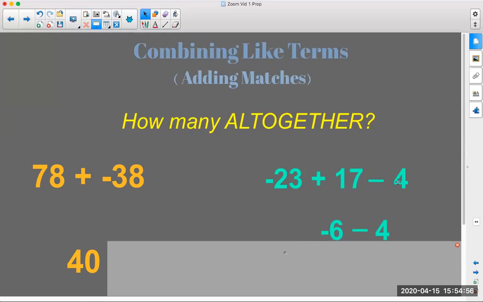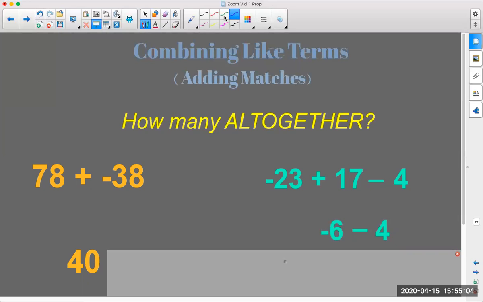But then I still have to subtract the 4 at the end. So negative 6 minus 4, what I can do so I don't mess myself up is make this an addition problem. Keep the first, change this to addition, and make this the opposite of what it was.